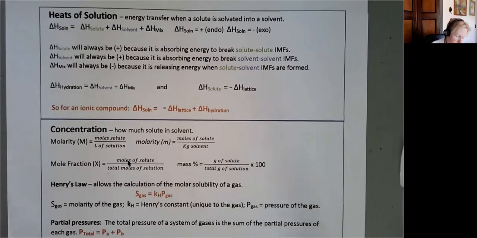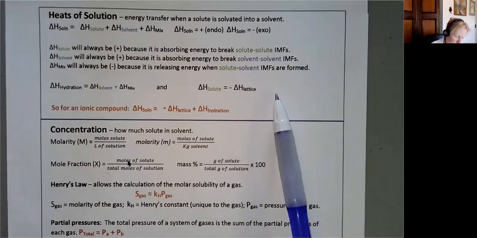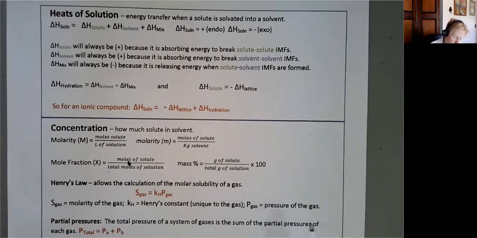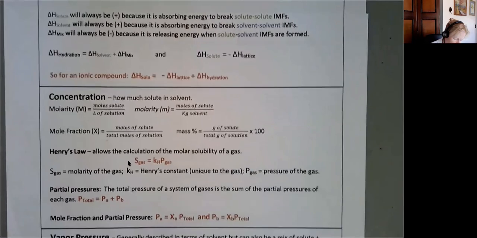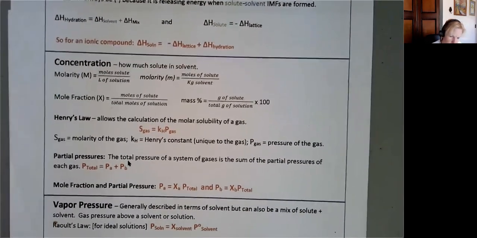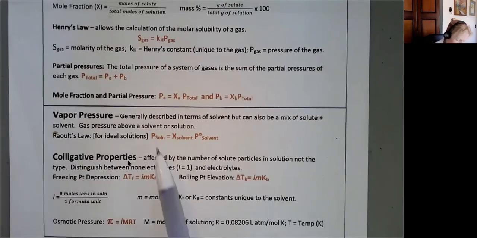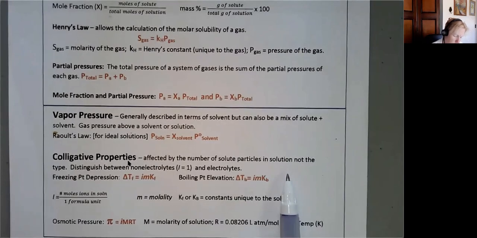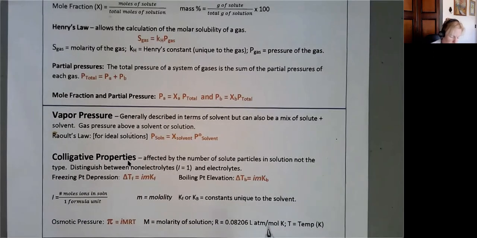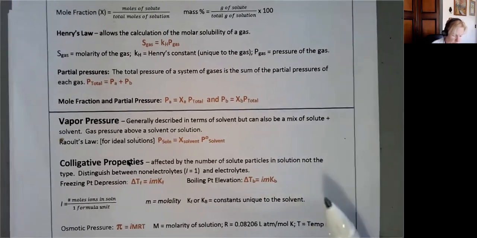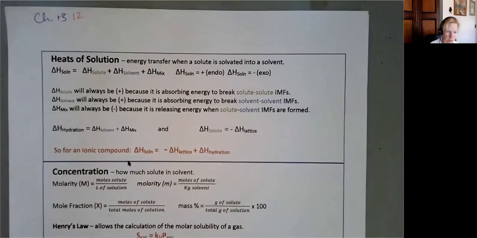This was what we did in part 1, and part 2 was these heats of solution. We covered concentration in part 2 and part 3, and then part 4, which we've been doing today, is vapor pressure and these colligative properties. Vapor pressure we did in part 3, and then we looked at the rest of these colligative properties today. This equation sheet might be handy to print out and have available when you're working through those problems as well.